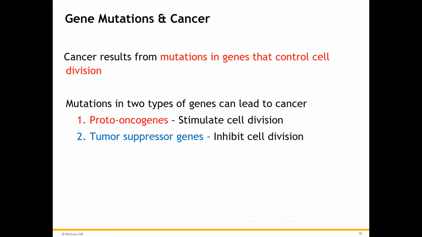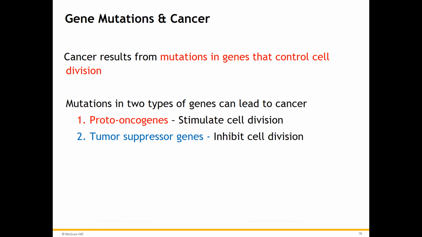Now, cancer results from mutations in genes that control cell division. Mutations in those two types of genes are what can lead to cancer. The proto-oncogenes, we all have them, are natural genes that stimulate cell division.